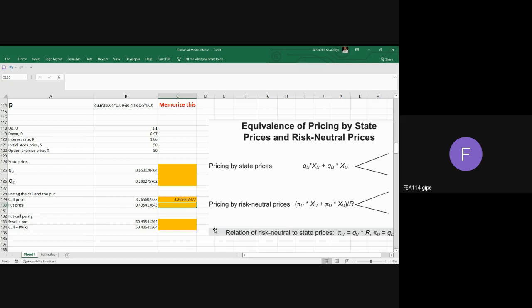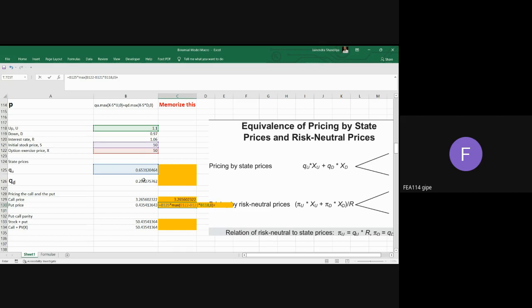The put price you can do either using put-call parity, or if you want to use the QU and QD function. So QU into the maximum. Here we use exercise price first, minus stock into up movement, or 0, because we should not be using a negative value.